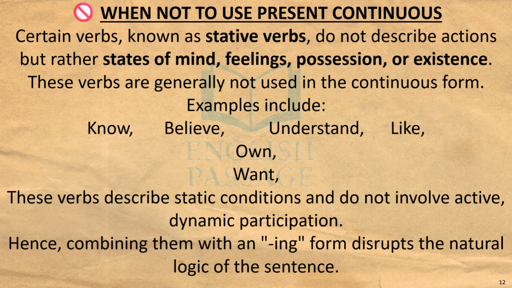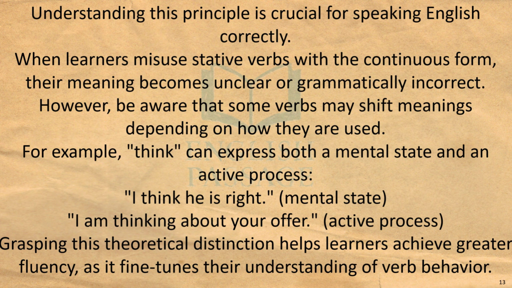Hence, combining them with an ing form disrupts the natural logic of the sentence. Understanding this principle is crucial for speaking English correctly. When learners misuse stative verbs with a continuous form, their meaning becomes unclear or grammatically incorrect. However, be aware that some verbs may shift meanings depending on how they are used.